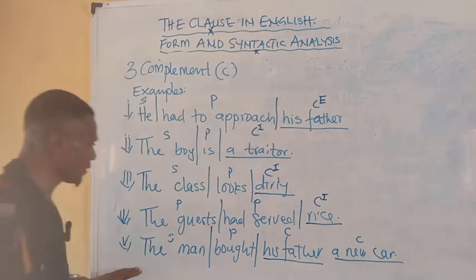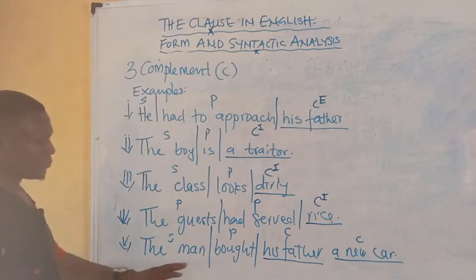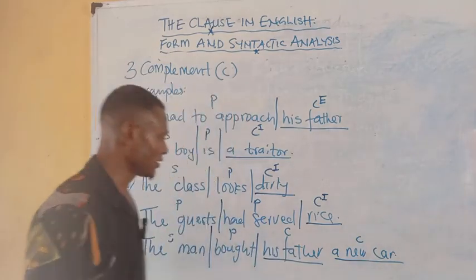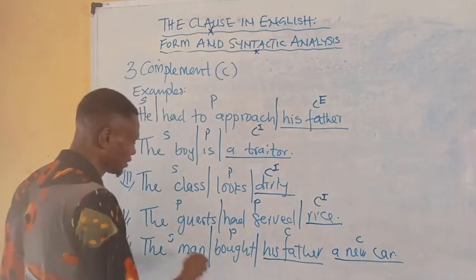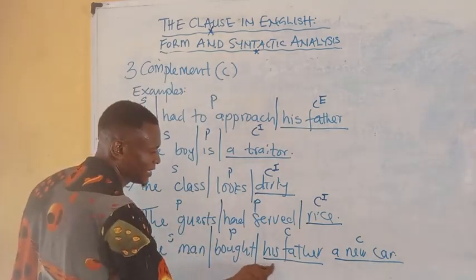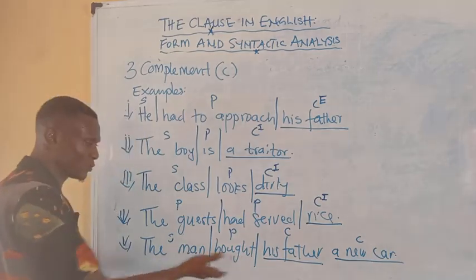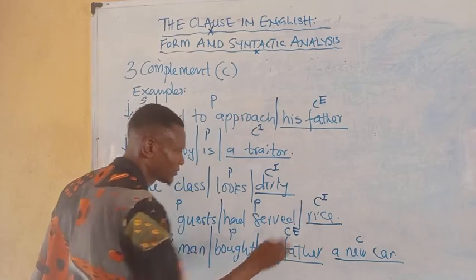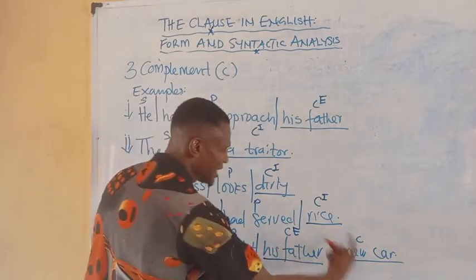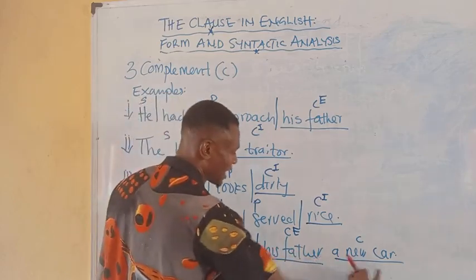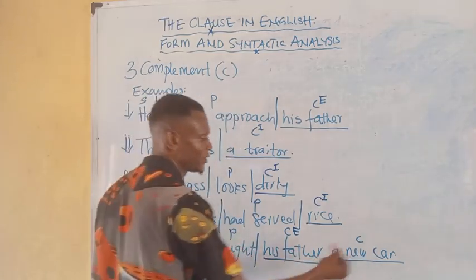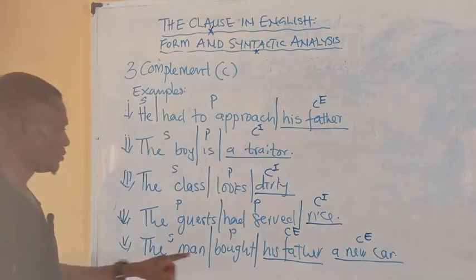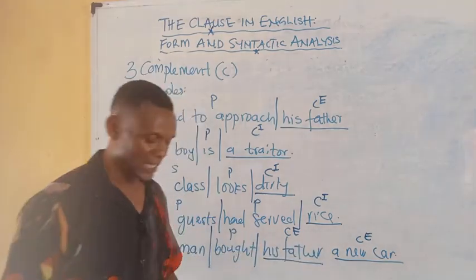The last one here, we have: the man bought his father a new car. His father here has nothing to do with the subject, so it's complement extensive. Then a new car has nothing to do with his father, so it's also complement extensive. So we have complement extensive 1 and complement extensive 2.